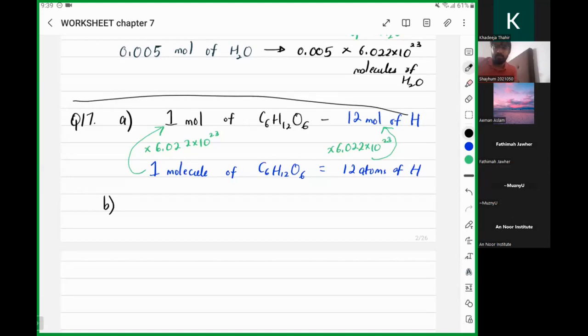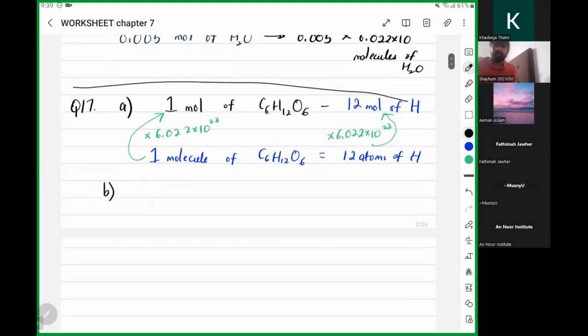Next, B says 2 mole of ammonium carbonate. Okay, 2 mole of ammonium carbonate. Whenever you have 2 of something, first you should find for 1. Then it's easy. Tell me how much 1 mole has.